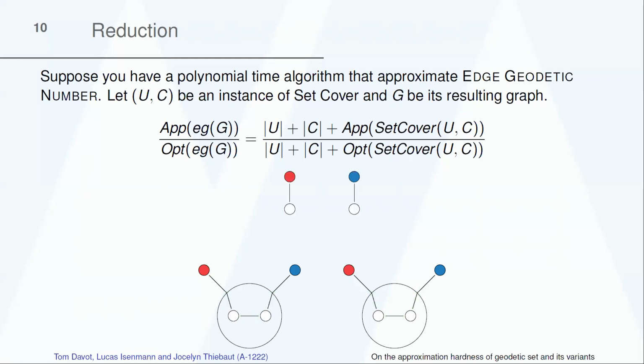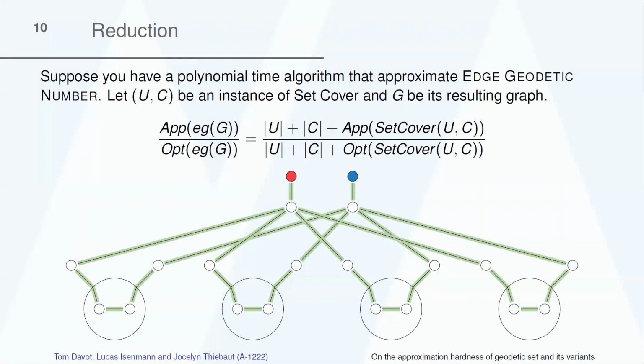So now what we'll do is, for each leaf, we create a copy of the leaf, and we connect them, the red with the red and the blue with the blue. And similarly as before, if we take those leaves that we have to take, we'll cover almost everything, and we'll still have to solve set cover in each copy.